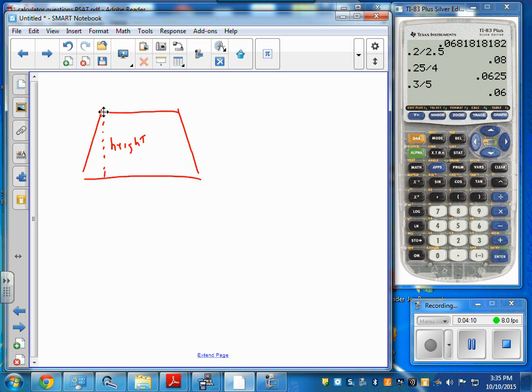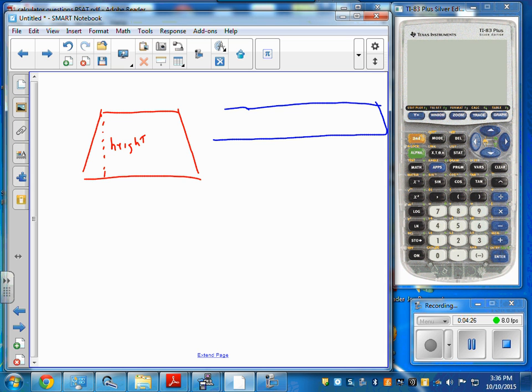Then they ask a scenario: what happens if the top and bottom are doubled, so twice as long, but the height is reduced? I'm trying to draw a sketch here. The height is 1/2 as much, but the bases are twice as much. And the question is, what's the area change?